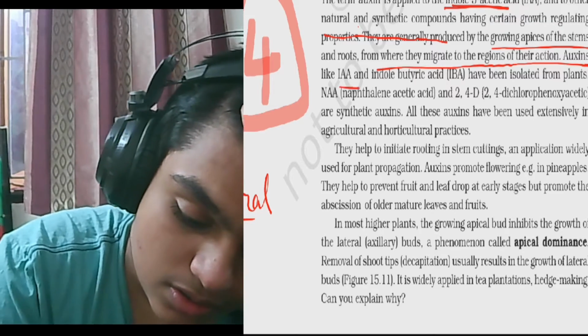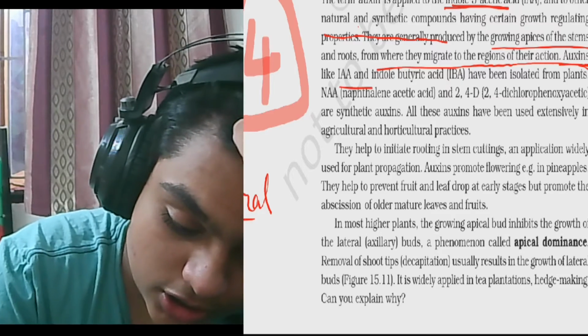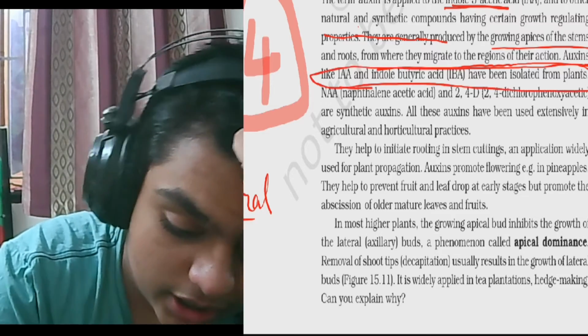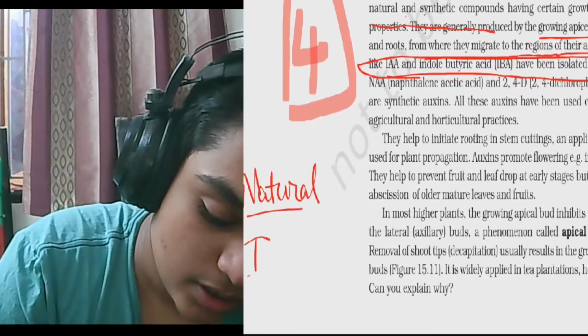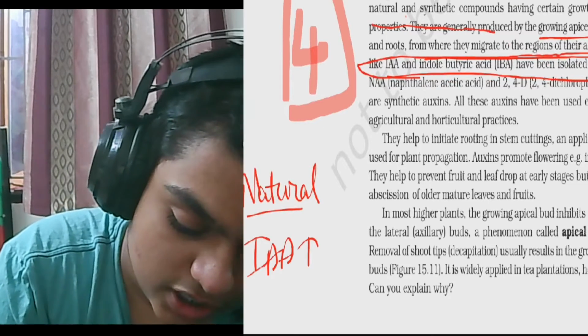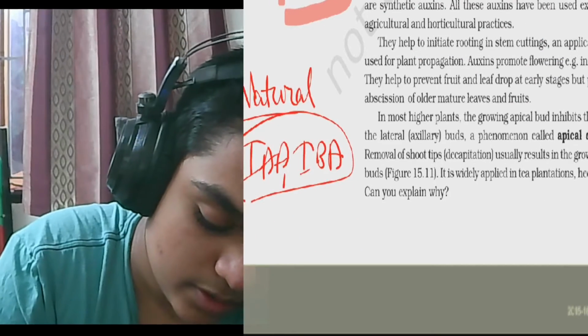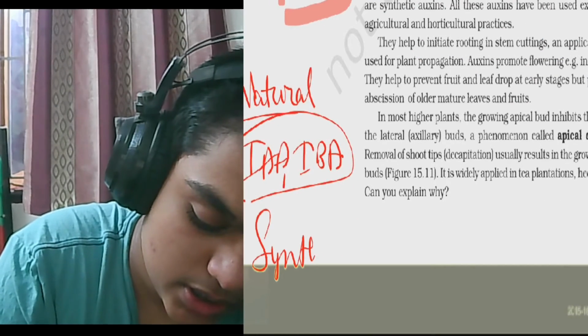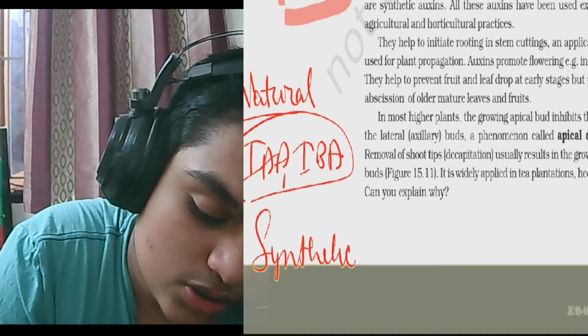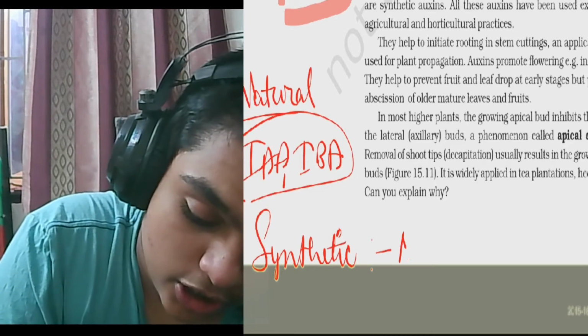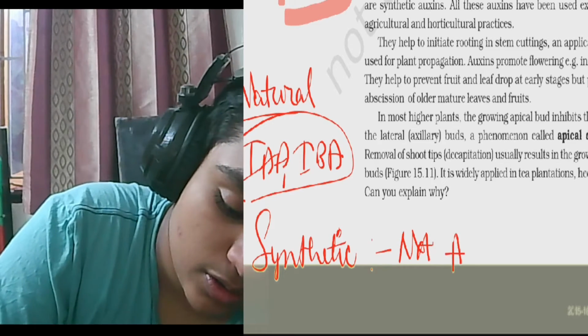Natural auxins are IAA and IBA. Synthetic auxins are NAA and 2,4-D.